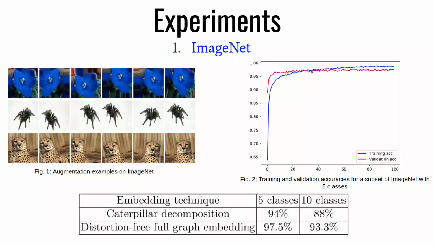Particularly, we use a rotation of 20 degrees and the horizontal flip for each image, creating an additional 5 variations per image in the dataset. Figure 1 shows this data augmentation where the first image in each row is the original image, whereas the rest present the transformed images for the classes Violet, Tarantula, and Cheetah, respectively.